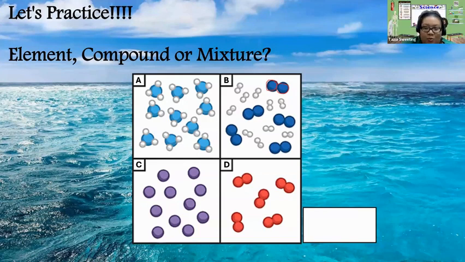Okay, awesome. I have a question. Yes, go ahead. If you see how there are two, if one was red and the next one was blue, would it still be considered as one element, or would it be considered as a compound? You tell me. If I was to color one of these in red, now it would be a compound.